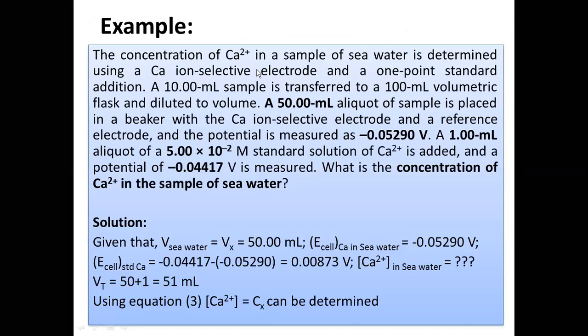This is simply the determination of calcium ion concentration in seawater. 10 ml seawater was taken and diluted to 100 ml, out of which 50 ml was drawn and placed in a potentiometric cell, with a calcium ion selective electrode and a reference electrode immersed, and the cell potential was measured, that is minus 0.05290 volts.